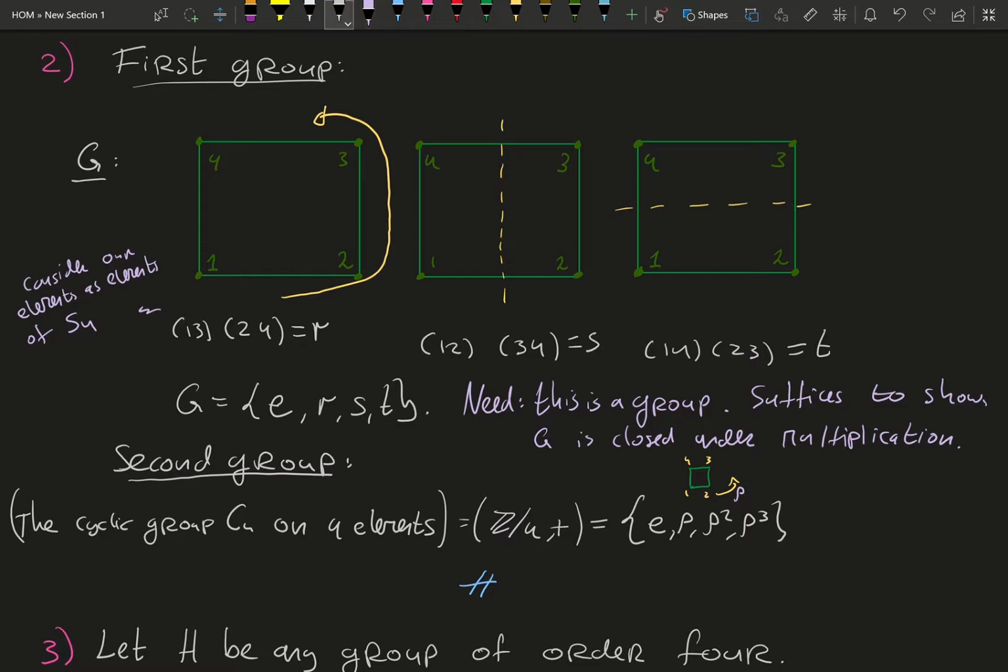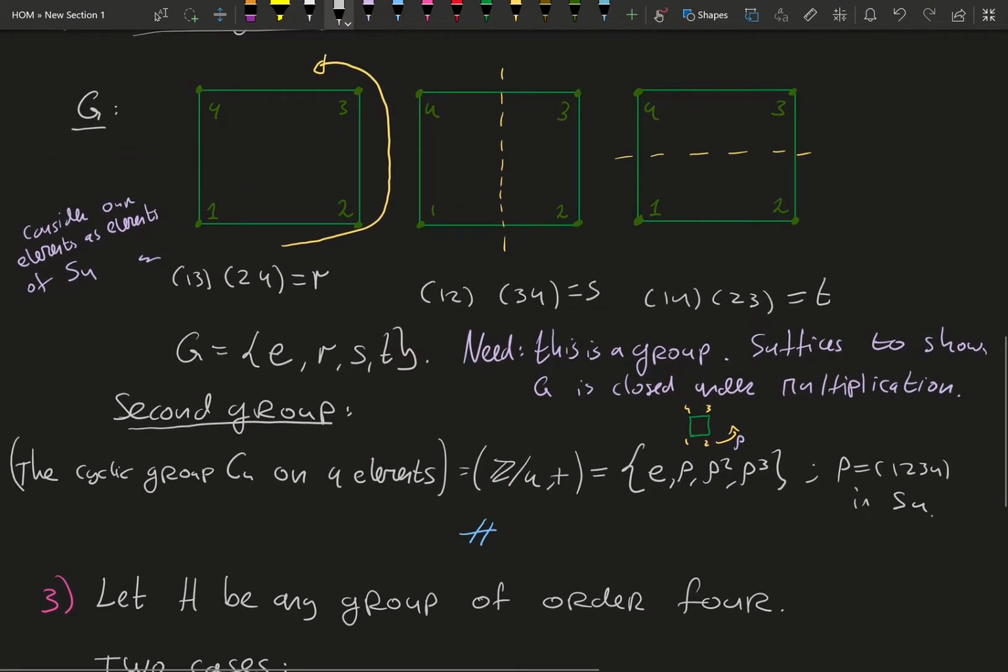Now obviously if you do rho 4 times, then you are back where you are, and so this is also represented by rho is (1 2 3 4) in S4. And then rho squared can also be thought of as an element in S4. So these are multiple ways of thinking about the same thing.